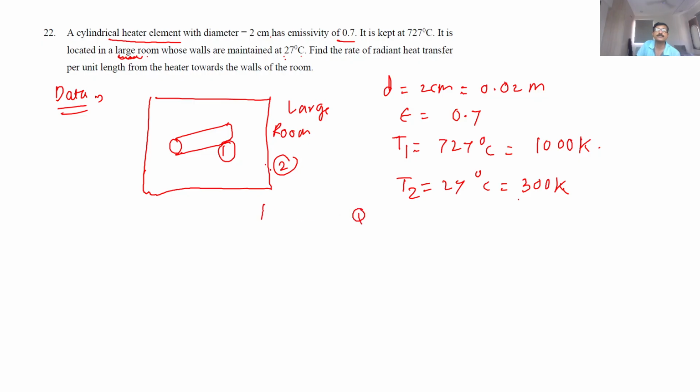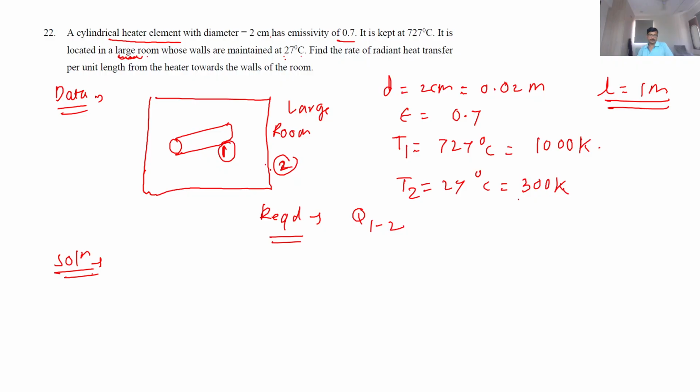The required answer is Q1 to 2 per unit length, that is L equal to 1 meter, from the heater towards the wall of the room. So the cylindrical heater is 1, and the wall is 2. So Q1 to 2 is asked.